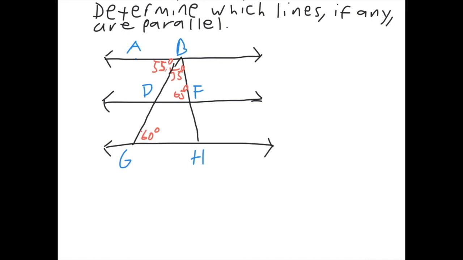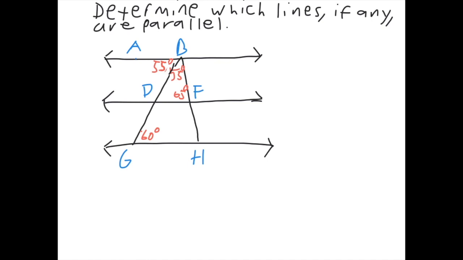First thing I look at when I see this is I see a triangle right here. Triangle BDF. And in that triangle we have two angles, 65 degrees and 55 degrees. So using that, we can find the third angle.